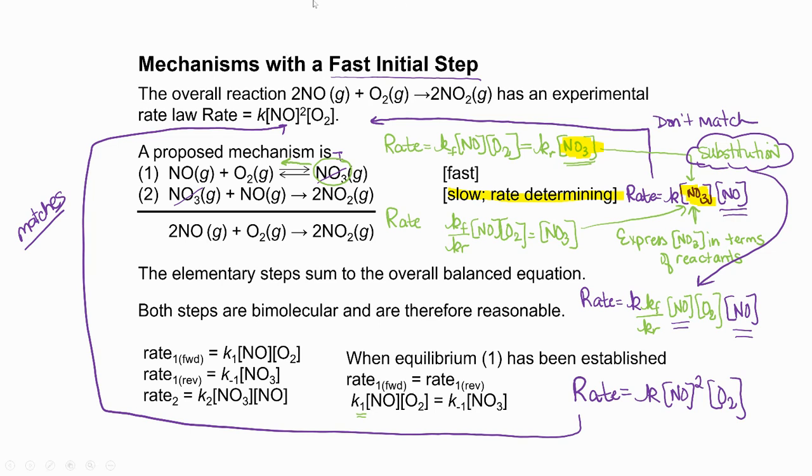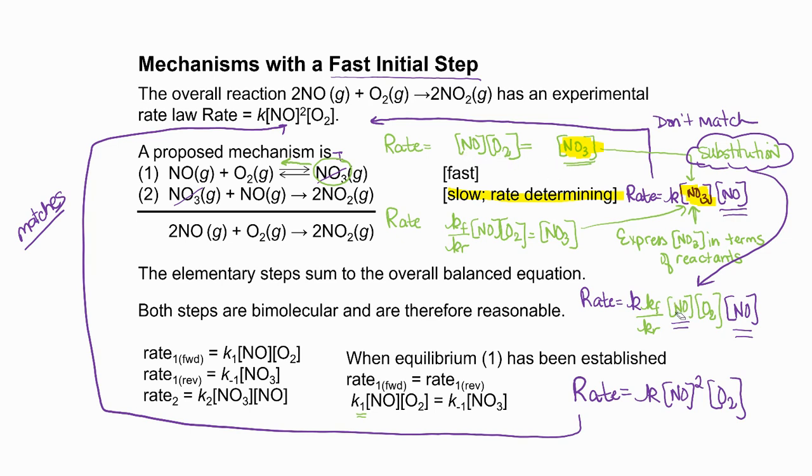Now, what I think can really help, and it's officially not the way to do these, but if you want to just make it easier on yourself, let me do this. These little K's kind of throw a lot of issues in, right? So if I just ignore those guys, do you see how the concentration of NO3 equals concentration of NO times O2?